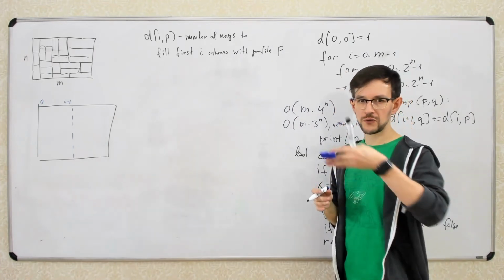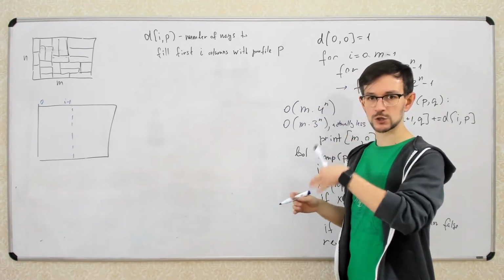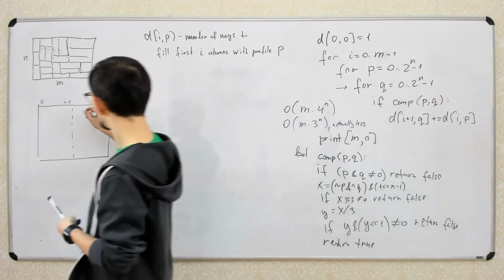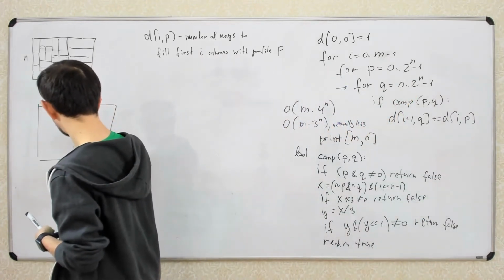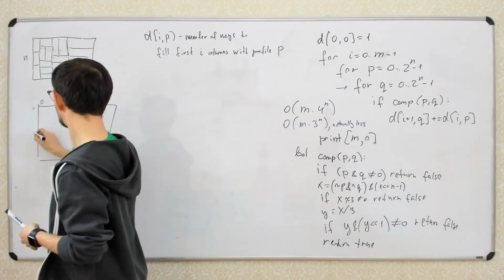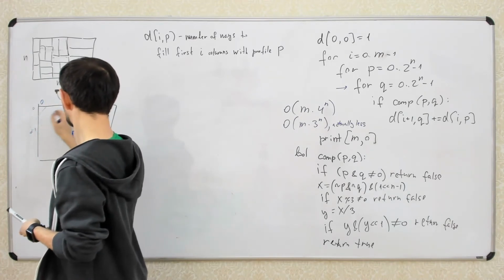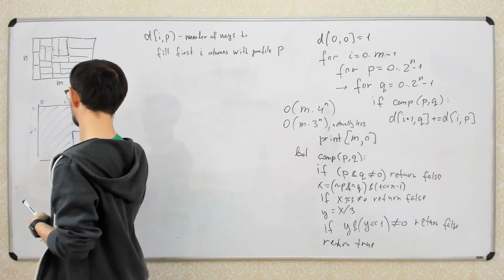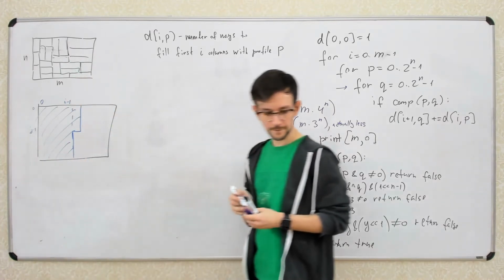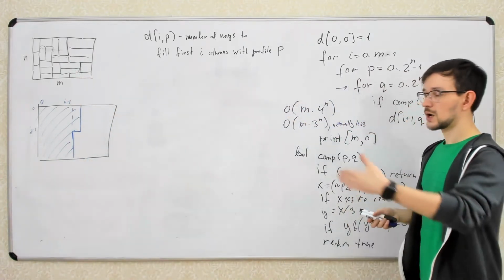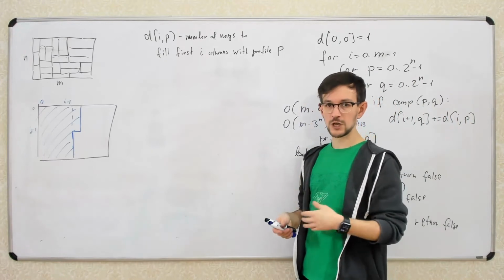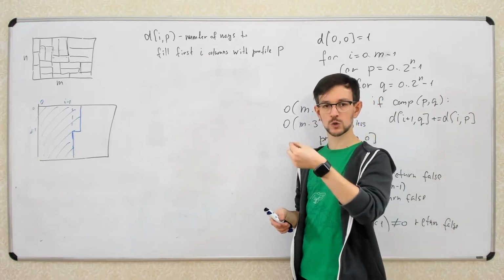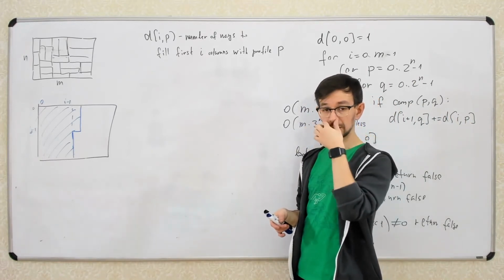And also we filled the first j squares of the new column, from 0 to j minus 1. So again, we go from left to right, from top to bottom. Each time we fill one new square of our rectangle.